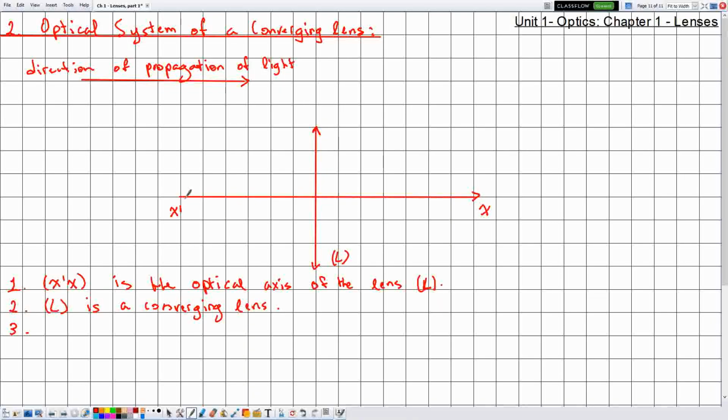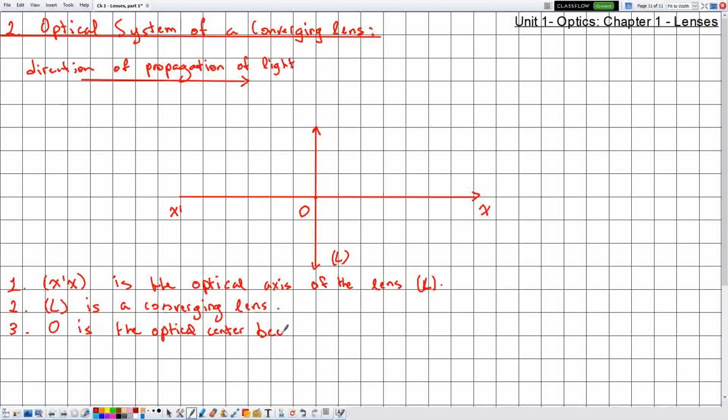The point of intersection between the optical axis and the lens L, we will name it the point O, and O is known as the optical center. O is the optical center. Why is O the optical center?